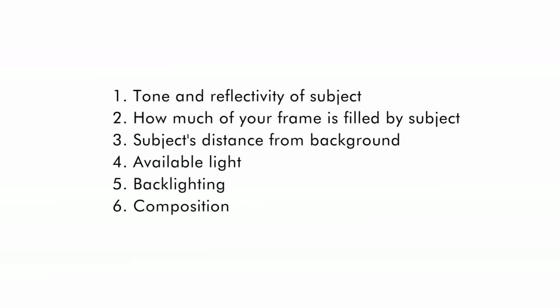There's no standard for how much you'll need to change the flash exposure compensation for a scene. Many factors will determine that, including the tone and reflectivity of your subject, how much your frame is filled by the subject, the distance from the background, the available light, backlighting, and composition.